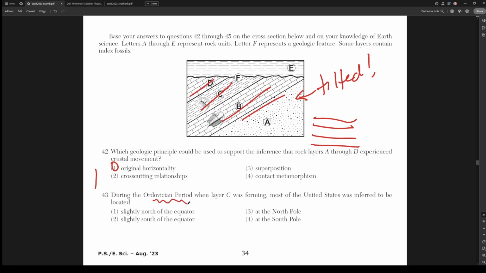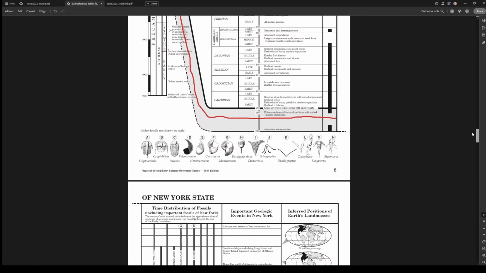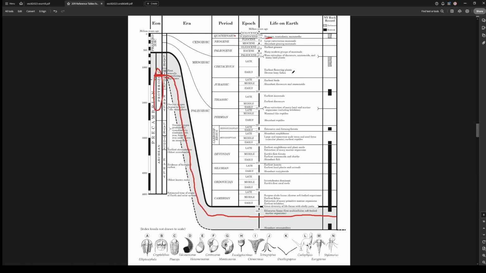During the Ordovician period, when layer C was forming, what's layer C? Okay, that's shale with this index fossil in it. The United States were inferred to be located where? Okay, so we're going to go here. Time scale. Ordovician period is going to be, oh, it's going to be hard for me.